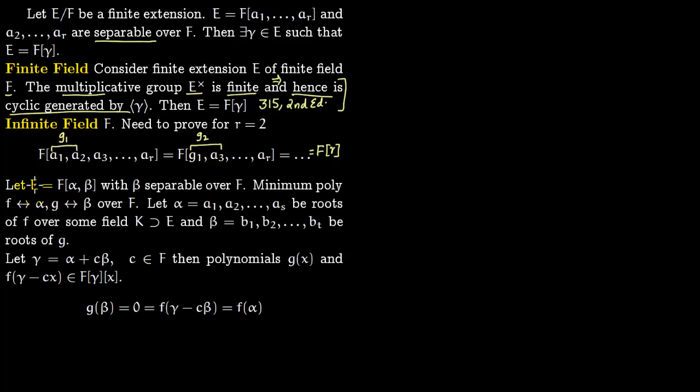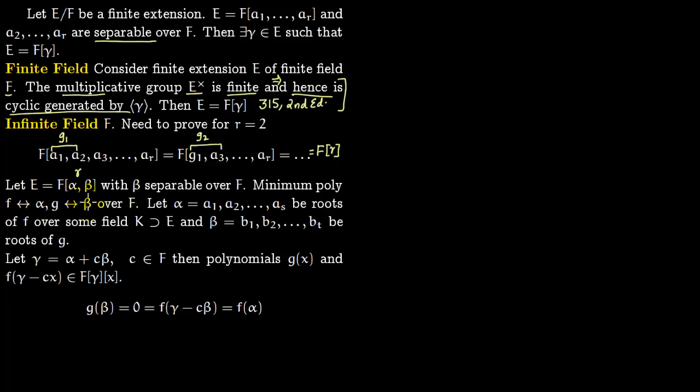Consider this field E, which is obtained by adjoining alpha and beta to F, and we want to replace alpha and beta with a single element gamma. That is what we want to prove. We have beta separable over F, and alpha may or may not be separable. First we start with minimal polynomials. The minimal polynomial for alpha is f.